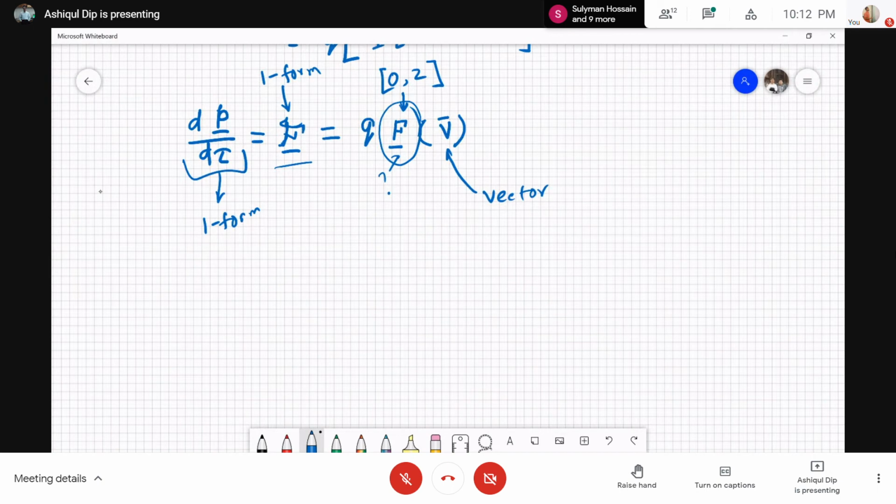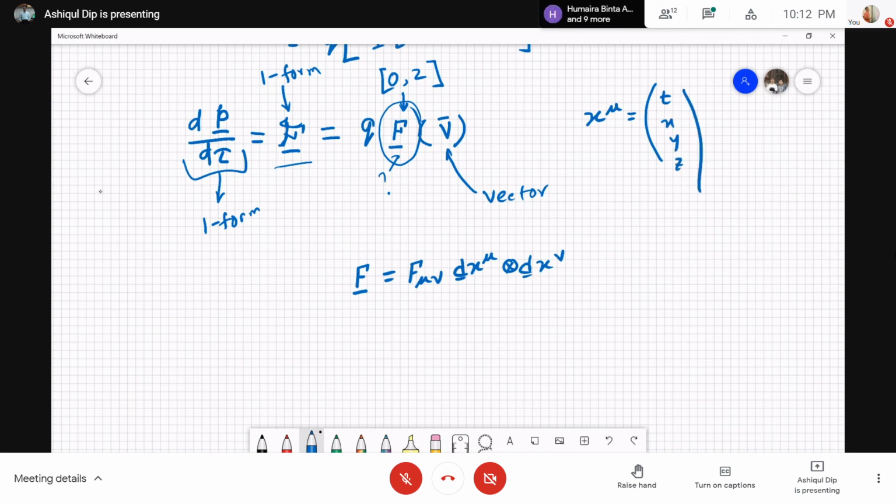Okay, so as it's a 0-2 tensor, we can write F, the full object, like this: F mu nu dx mu times dx nu, right? Where x mu are the coordinates t, x, y, and z.